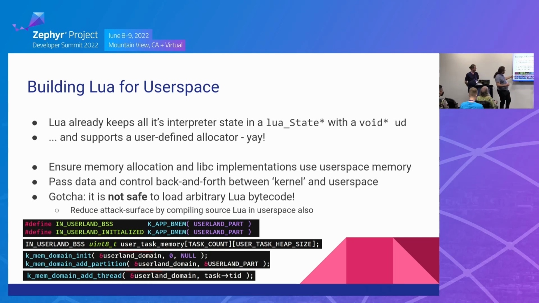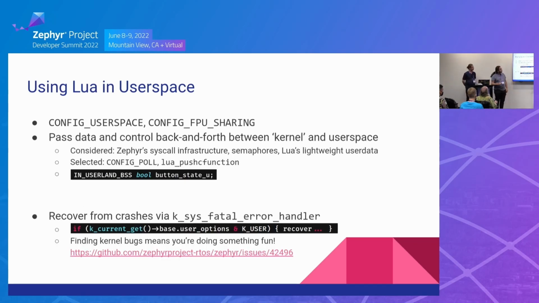And then you have to initialize a memory domain and add this memory partition to it. Then when I create a thread, I pass K_USER, which makes it a userspace thread, which revokes all the permissions, and then I grant it access to this domain. I also need to grant it access to some kind of primitive to let the kernel know when it's done. We could be letting these things free run against each other and polling. We ended up using Zephyr's k_poll, which is like a binary semaphore, that's pretty slick.